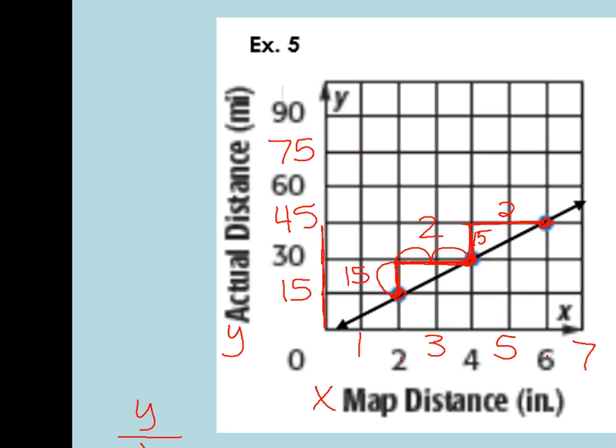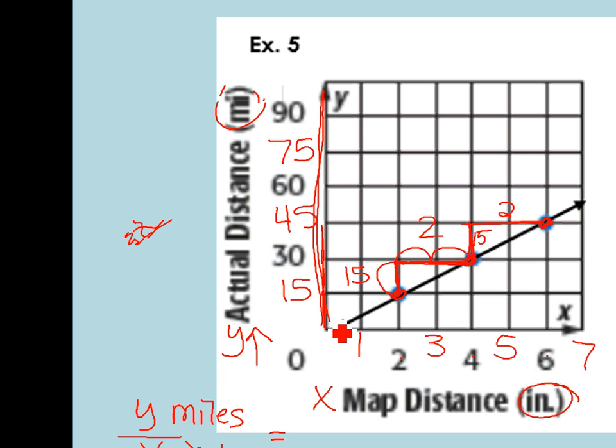y over x. And I'm going to put my words in my fraction. My y is miles. And my x is inches. Now I can fill in my numbers, and I have to think about which one is y and which one is x. Well, I know y goes vertically, and my vertical number each time is 15.